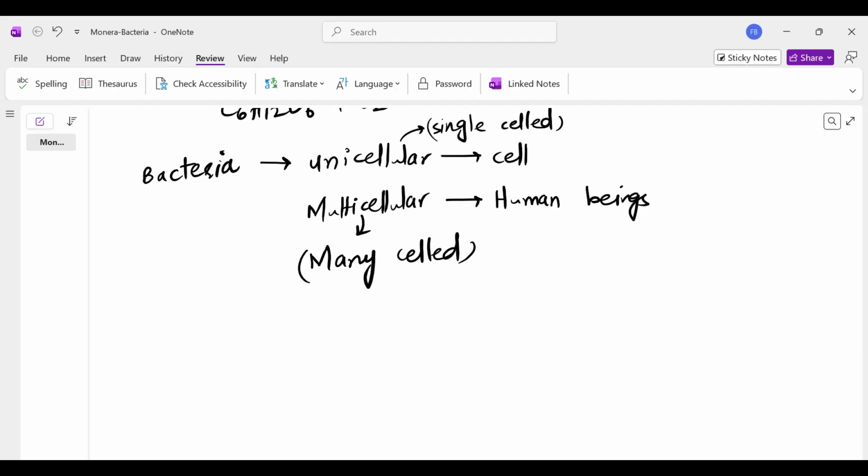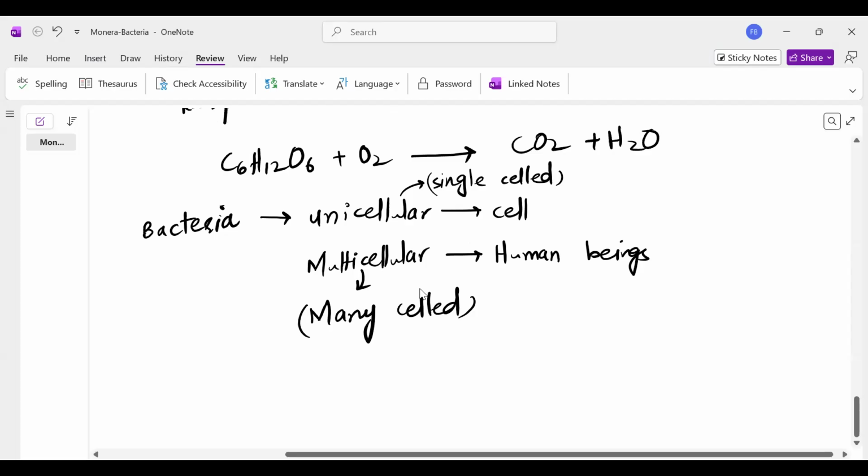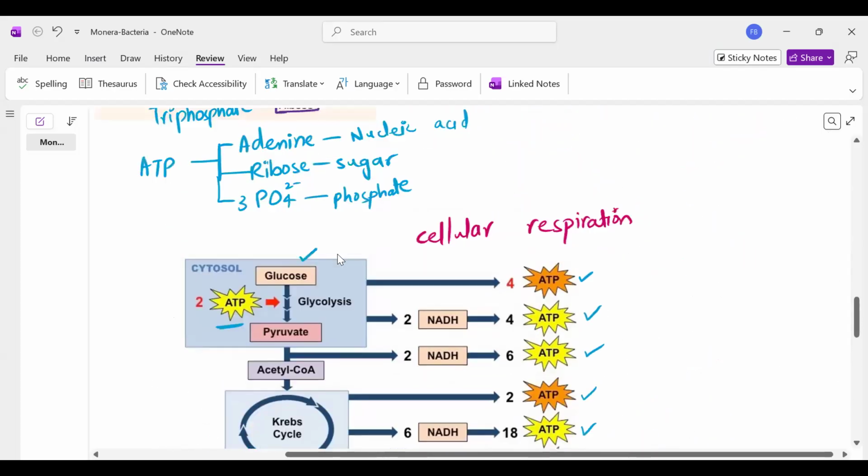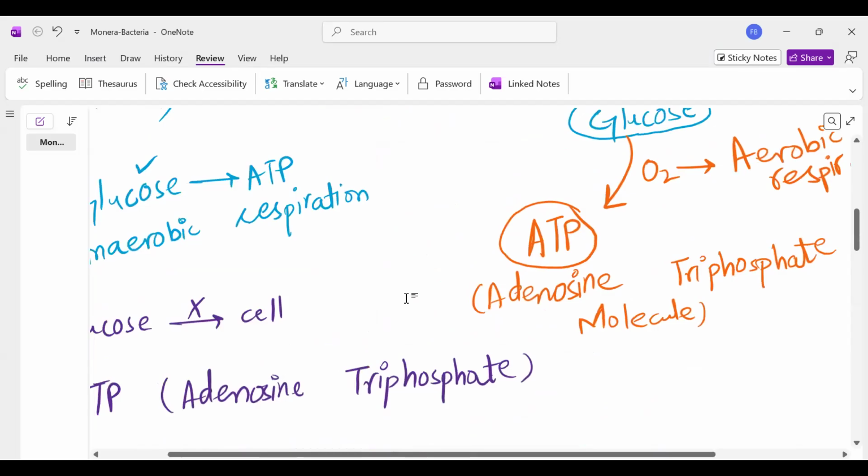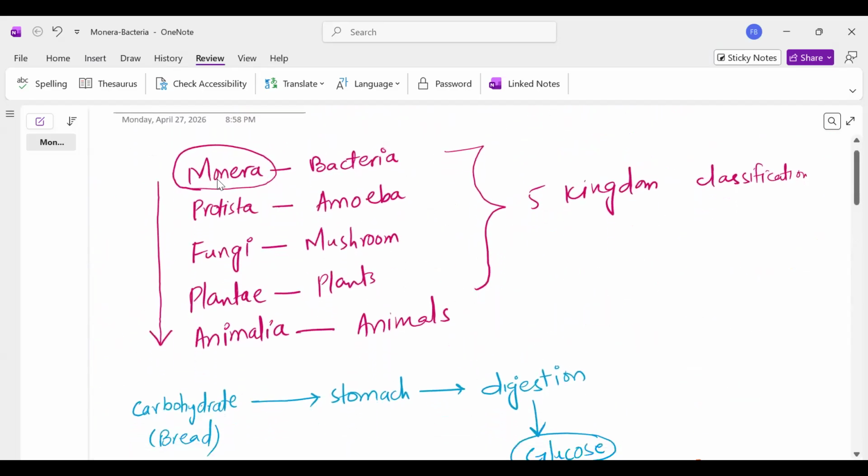The simplest one is bacteria, which is unicellular, and then you have the multicellular organisms, up to human beings. As I told you, the simplest ones are the organisms of the kingdom Monera. Then you have kingdom Protista, then fungi, then plantae, then animalia.